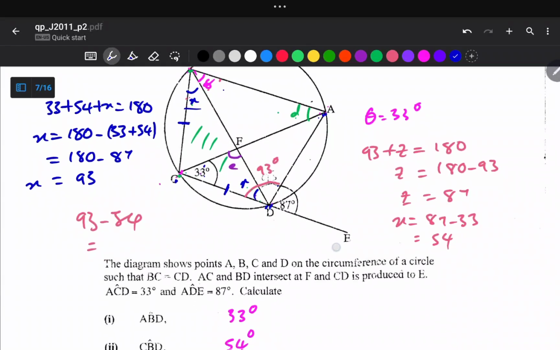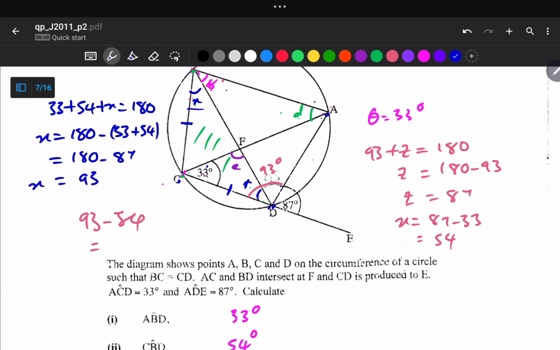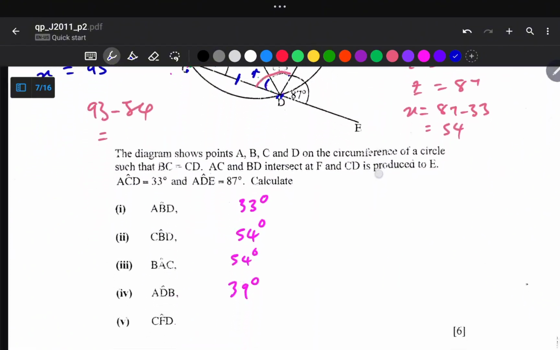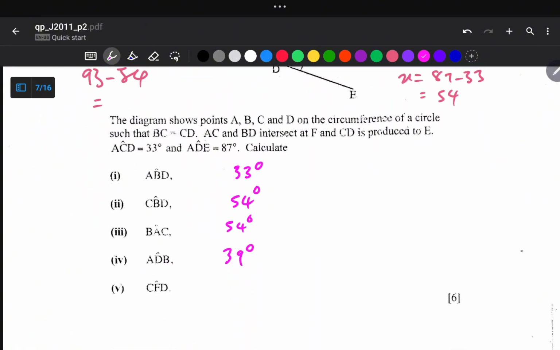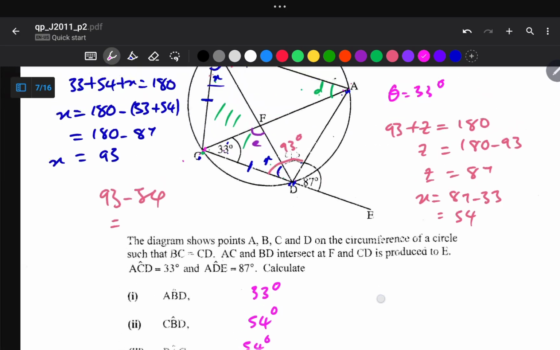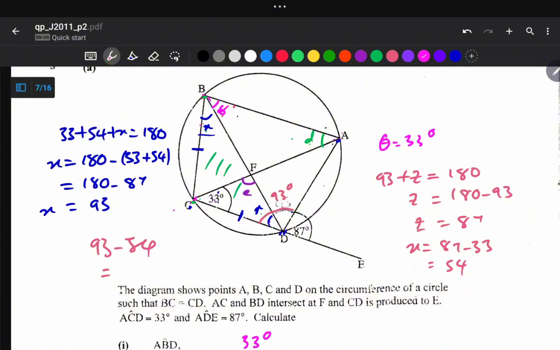So the value of E is equal to 93 degrees. So these are our angles for this diagram showing this cyclic quadrilateral CBAD.